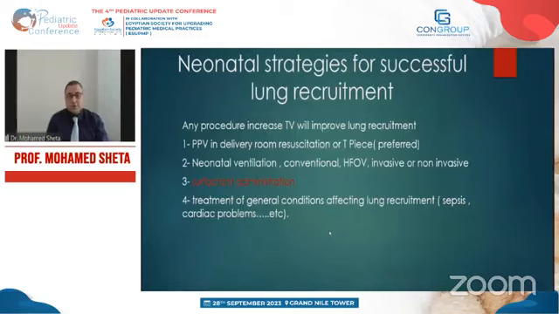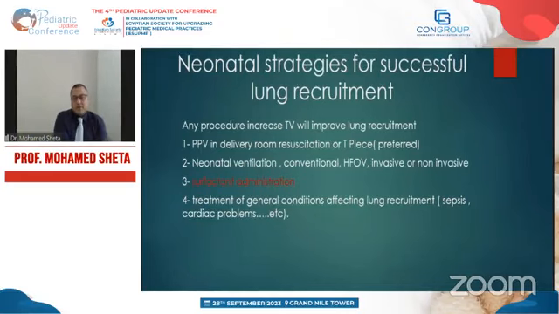So what are the strategies for successful lung recruitment, if we want to do lung recruitment for any neonate who has respiratory distress? Even from the start, in the delivery room, resuscitation using T-piece is preferred nowadays due to better effect and fewer complications, less bronchopulmonary dysplasia.